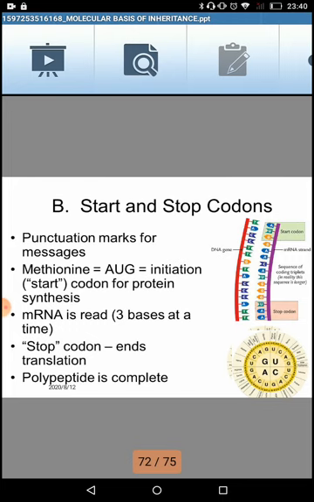AUG is called the initiation codon, or start codon, and any formation of a polypeptide chain will start from AUG. The first amino acid coded for any polypeptide chain will be from AUG, and the amino acid coded by AUG is called methionine.